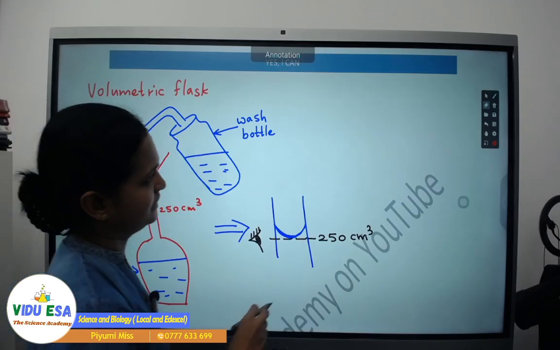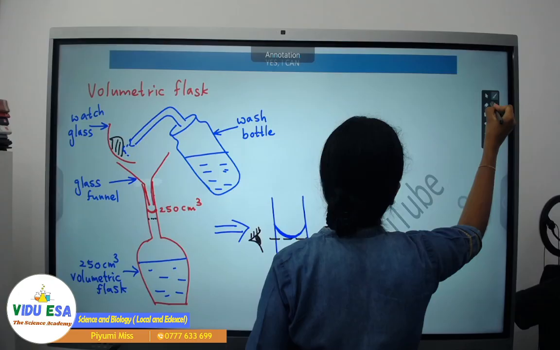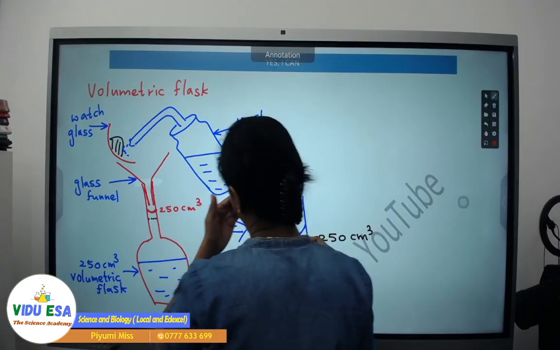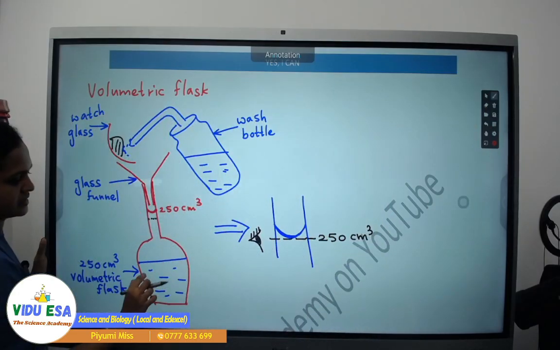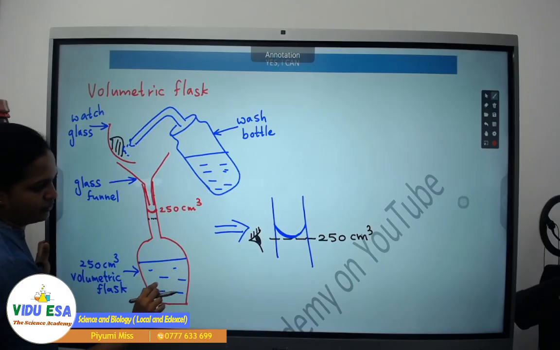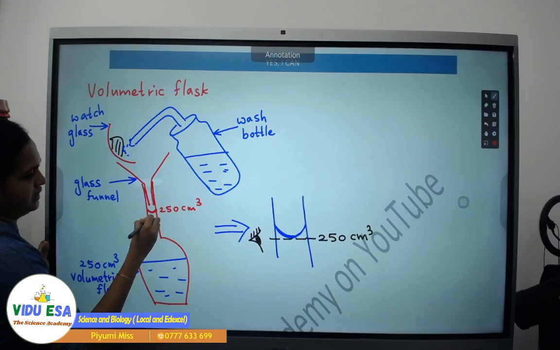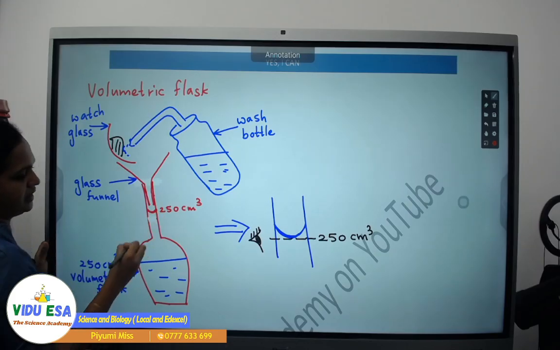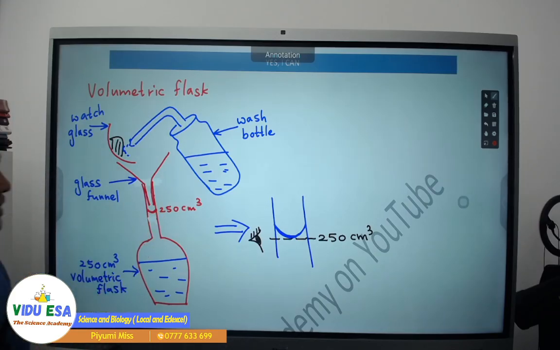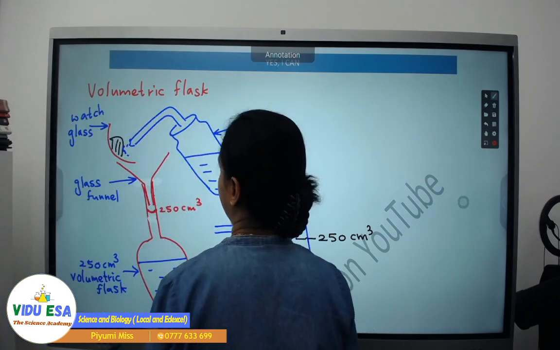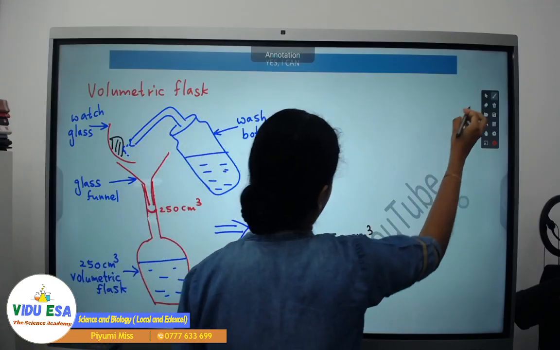After preparing the solution, you can paste a label here mentioning the name of the liquid, the concentration and the date of preparation. Right? Make it 1 mole per cubic decimeter.